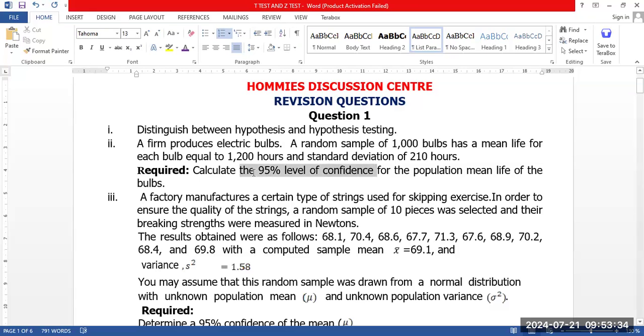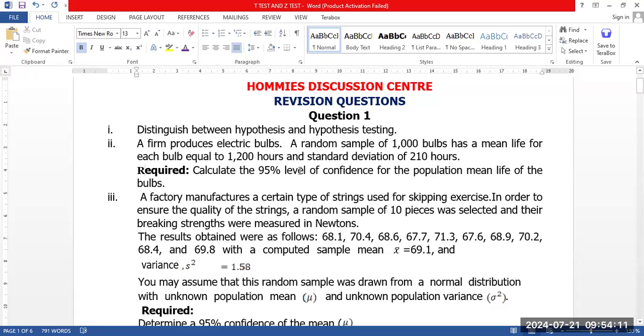Calculate the 95% level of confidence for the mean population life of the bulbs. If they just say calculate the 95% level of confidence, the only way to answer this is to know that I am trying to get the range.